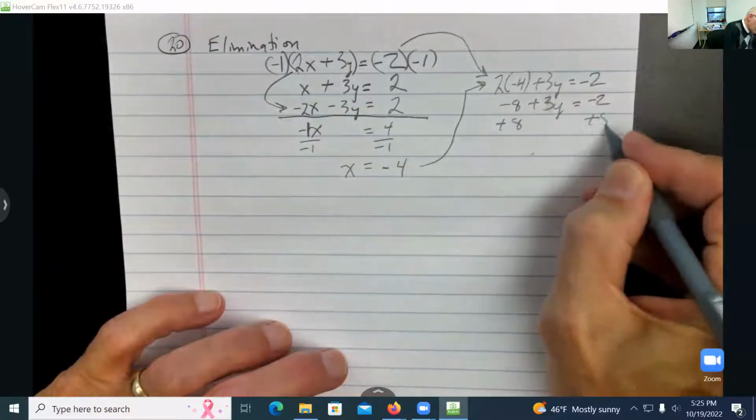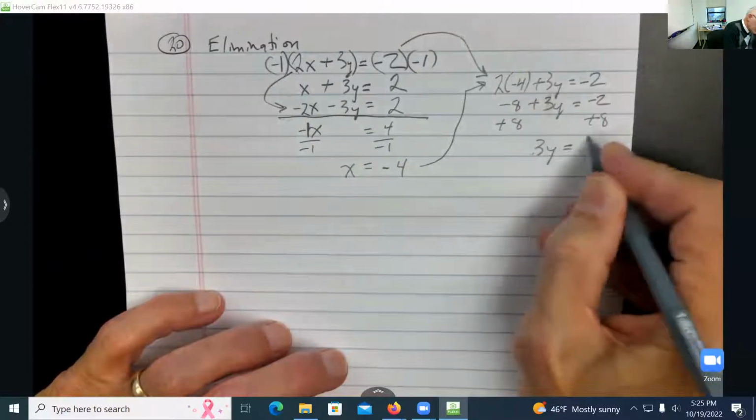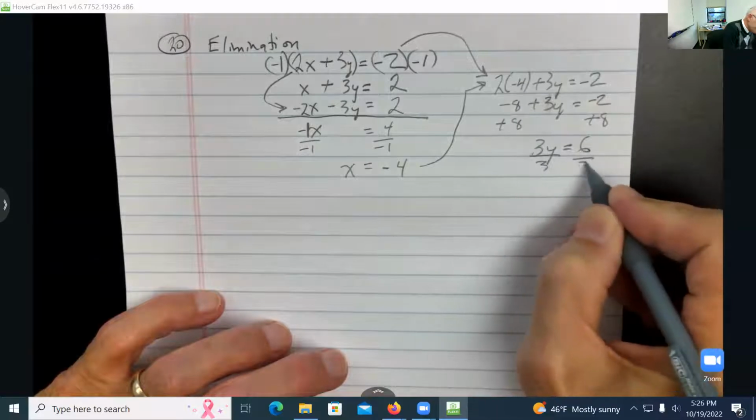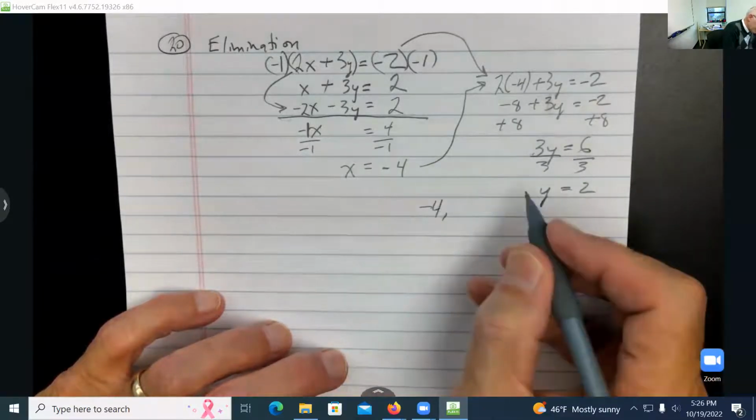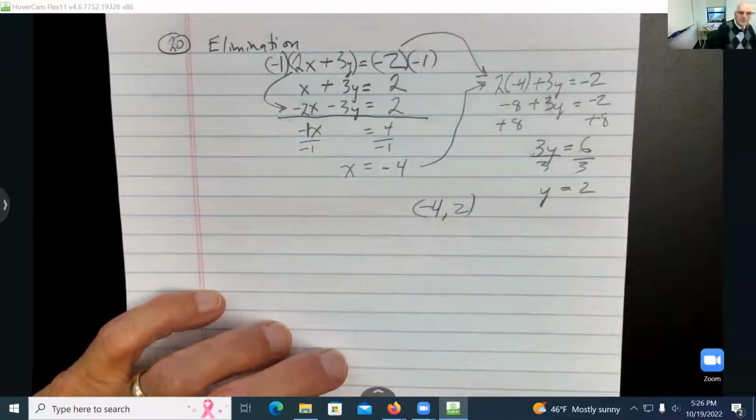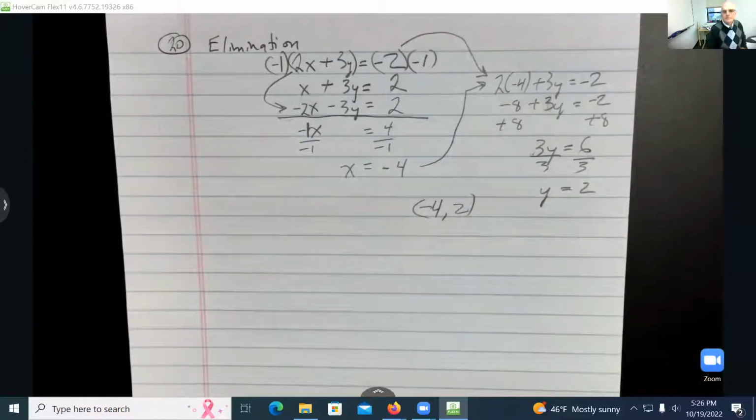Add 8 to both sides. 3y equals 6. y equals 2. So I have -4, comma 2. And this could be checked by substituting to make sure that the statements are true, or by a graphing calculator.